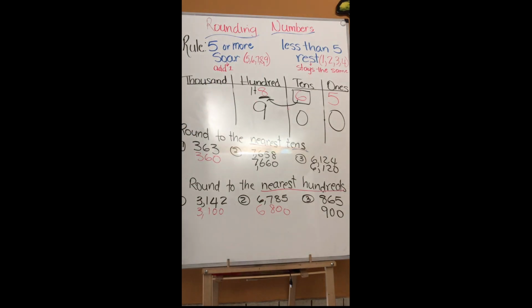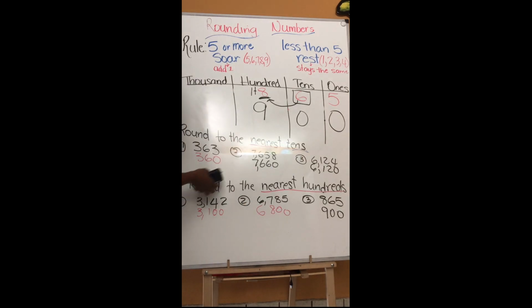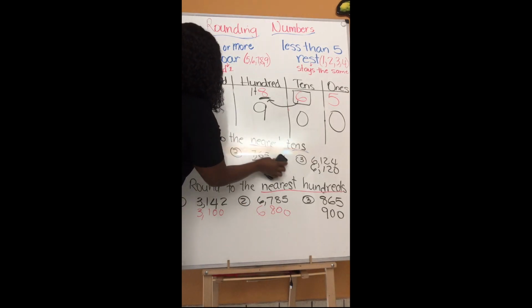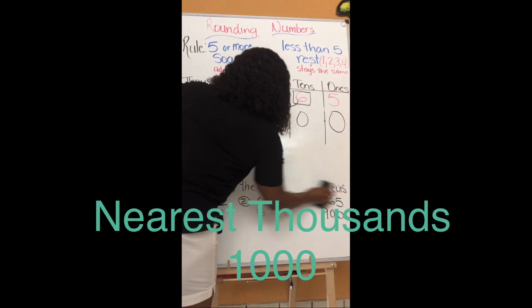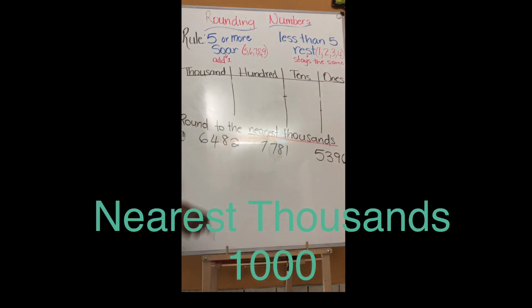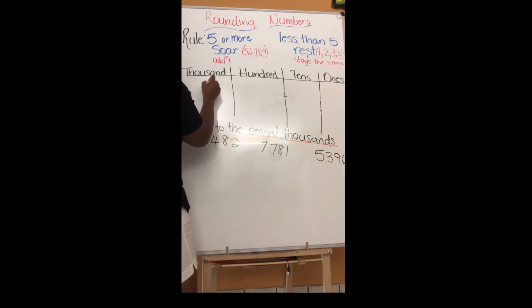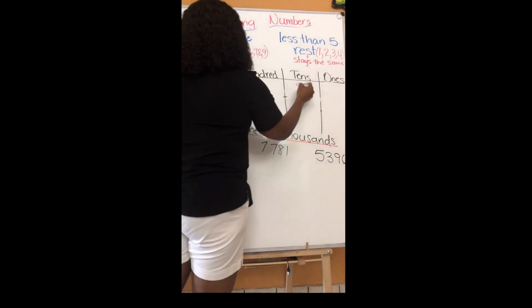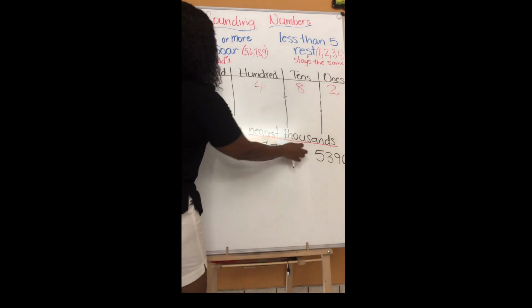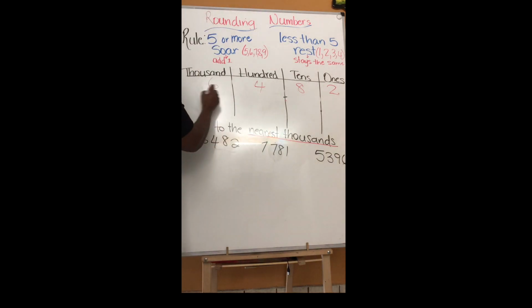3,100, because you're rounding to the nearest 100. All right, quickly, let us look at some rounded to the nearest thousands, and that's going to be it for today. All right, so quickly, the first one, 6,482, it's 4 digits, 1, 2, 3, 4. I'm rounding to the nearest 1,000, so I'm underlining the 6.